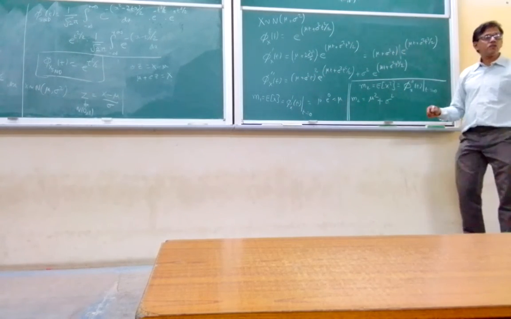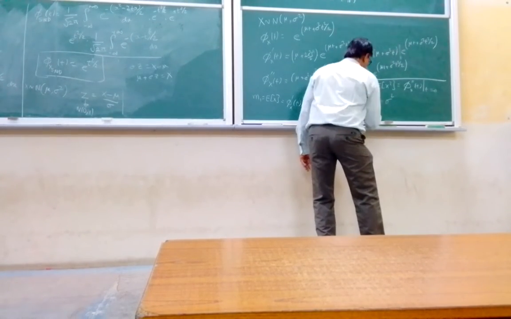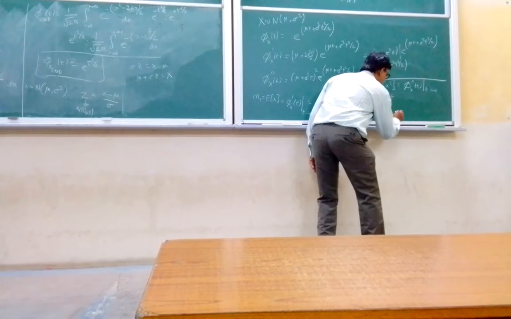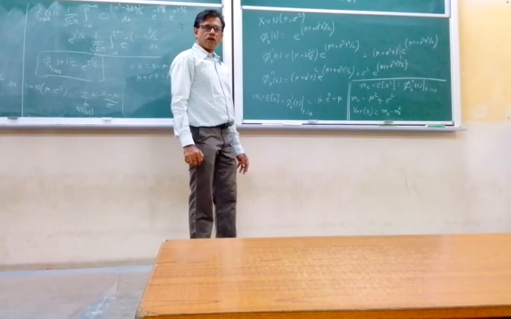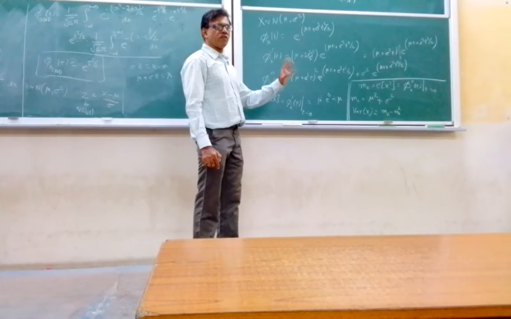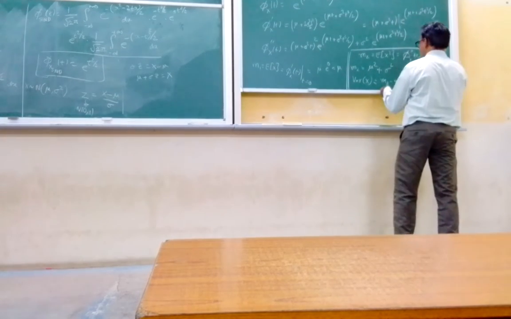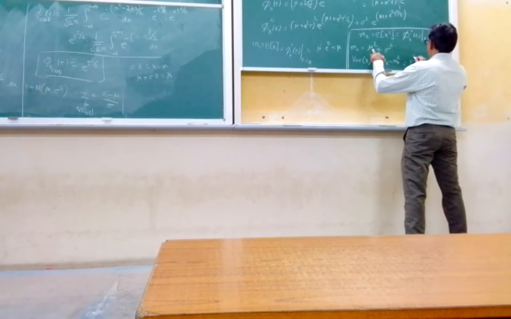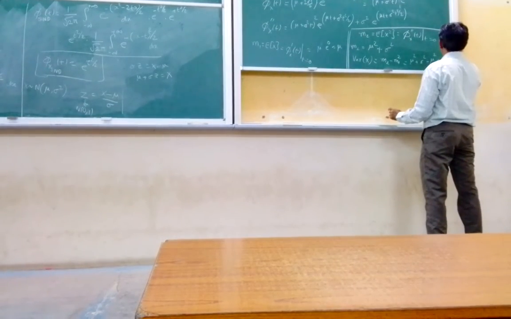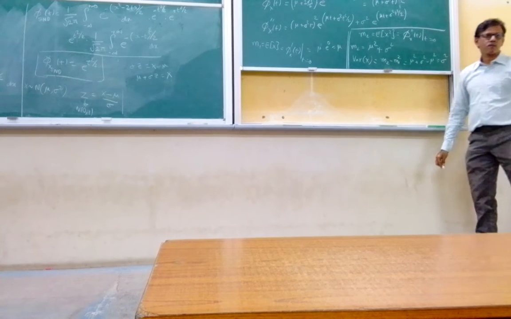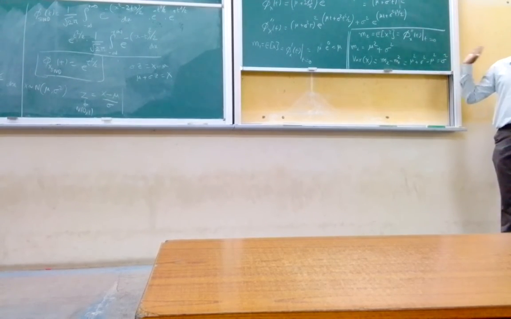So what is the variance of this? m2 minus m1 squared, right? Second moment, E of x squared minus E of x, whole squared. So at the end of this I have finished the derivation of variance.